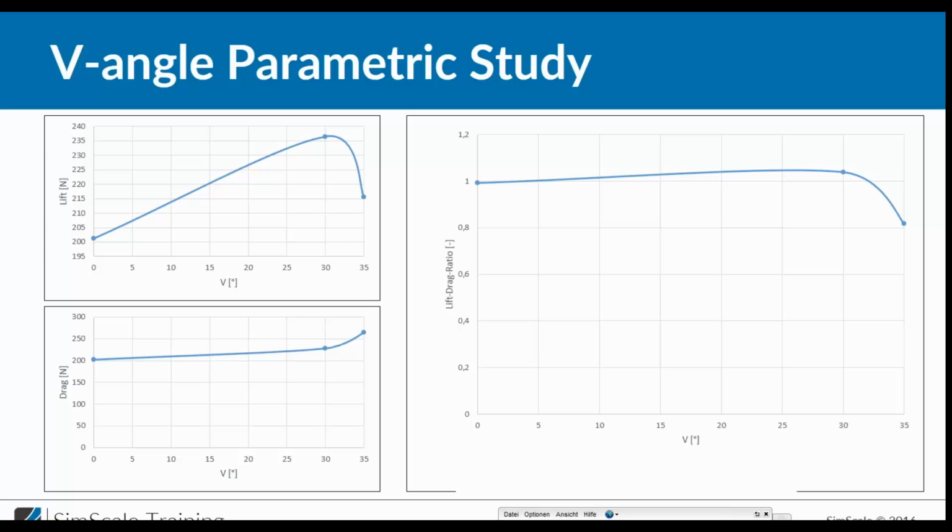So this is the important thing that we have to stop on here. This angle will increase the lift and also increase the drag, but the efficiency gain is really significant.